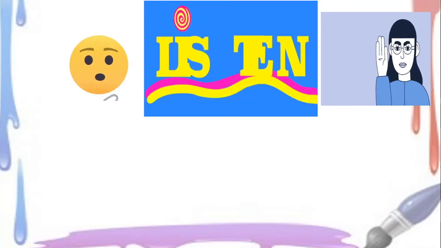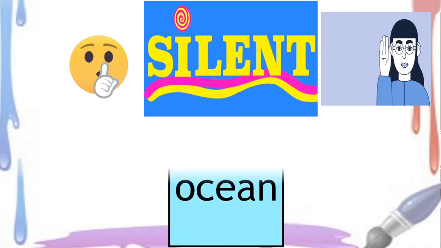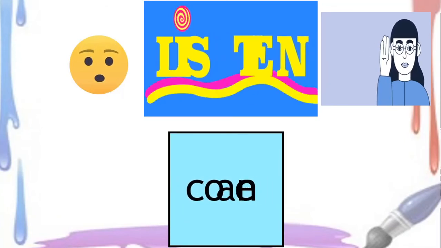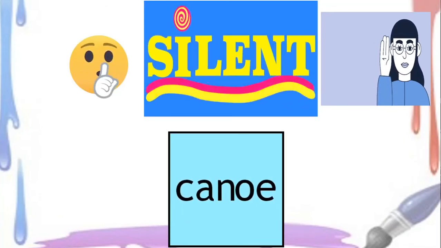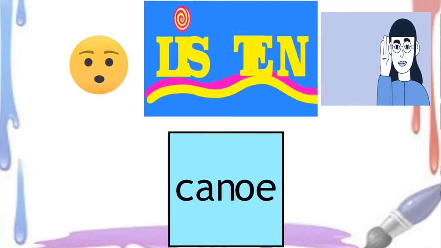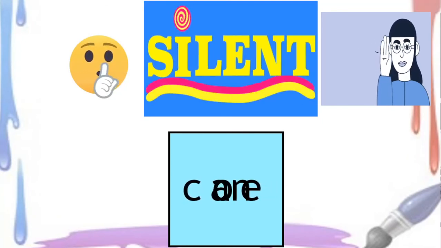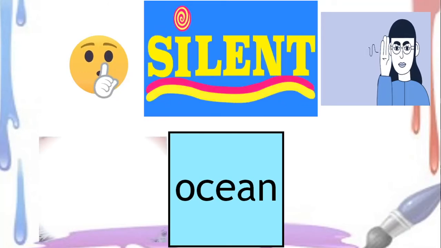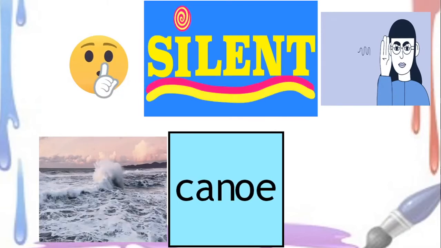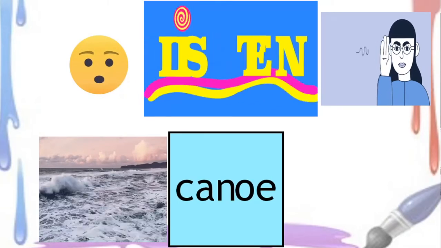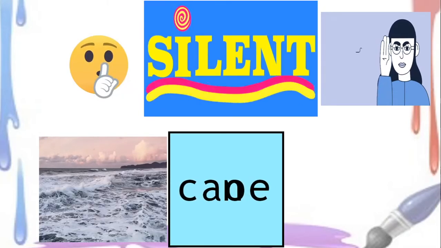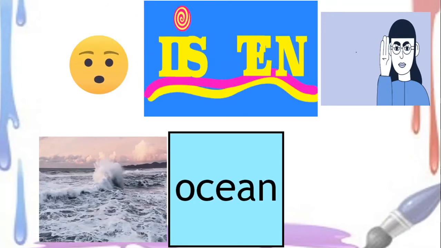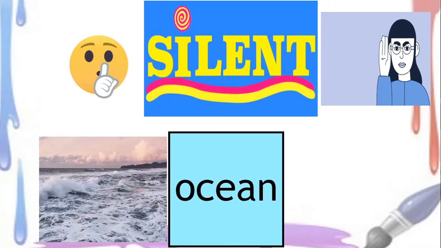Okay, let us take one more example now. See, look at this word. Here you can see canoe, and then if you rearrange the letters, you get ocean. So ocean is a big, vast, expansive body of salt water. Okay, and then what is a canoe?